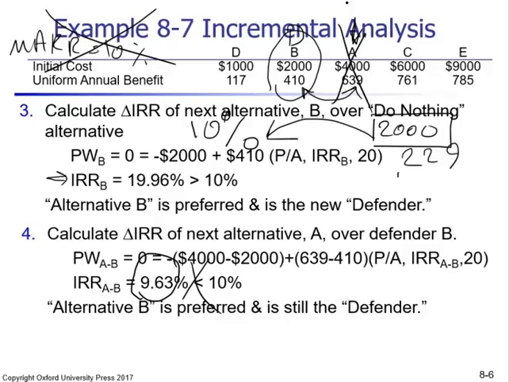What about C? Let's go with C. Now with C, you are going to pay $4,000 more, and it gives you back 351.